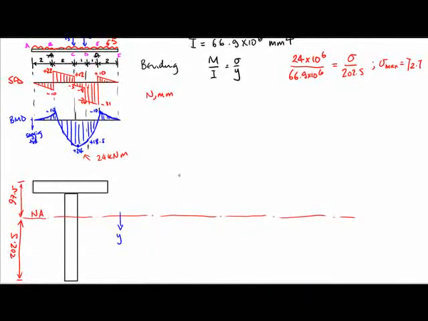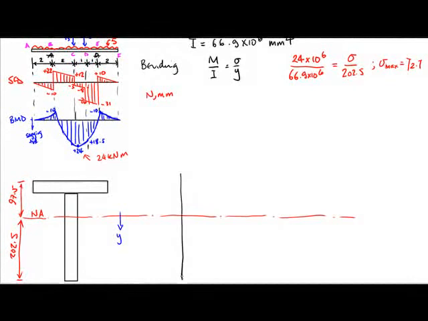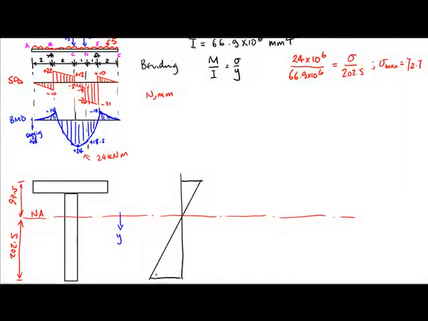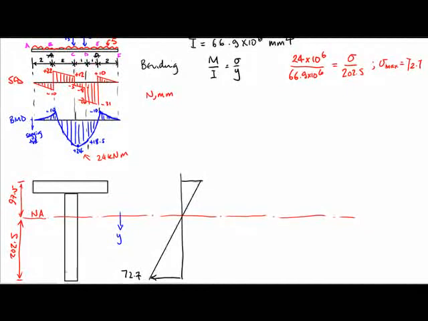So if we just plot the bending stress like that, the stress here is 72.7. It will be at the bottom of the beam, at the bottom of a sagging point in the beam.